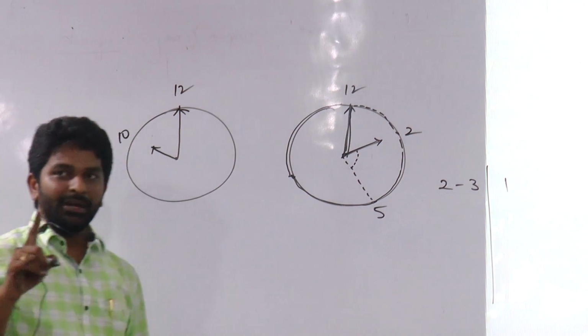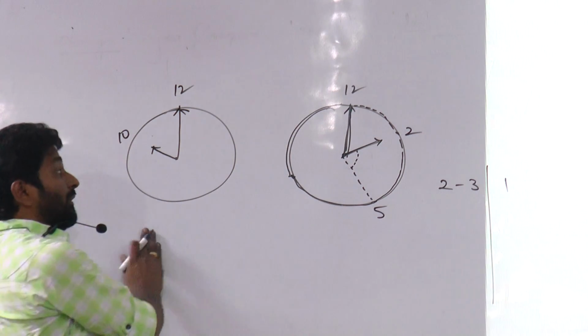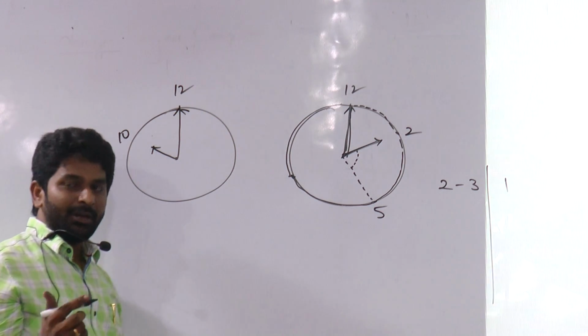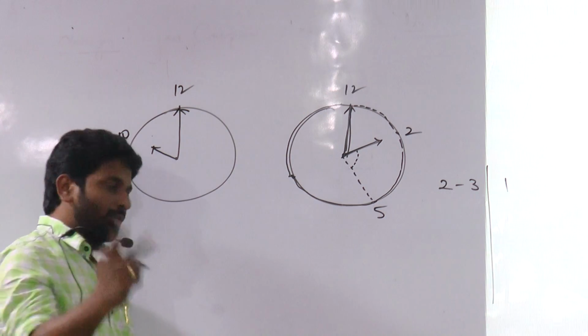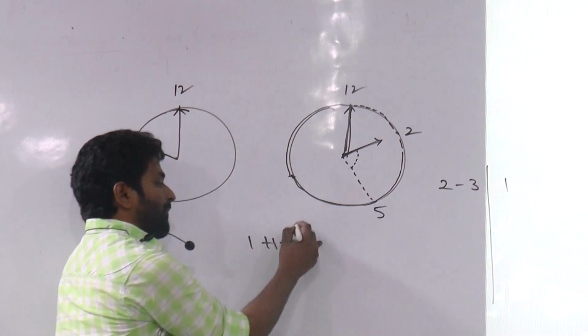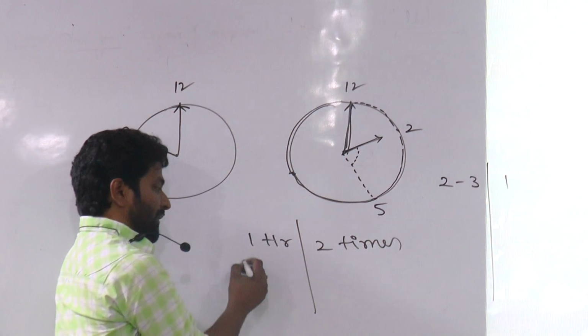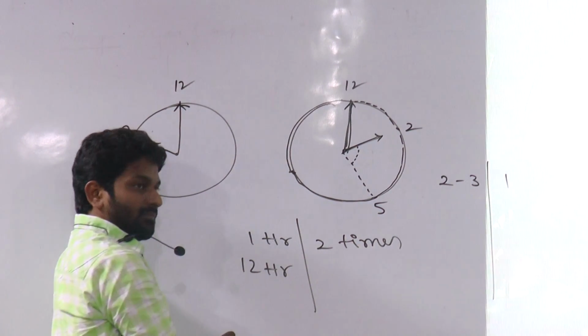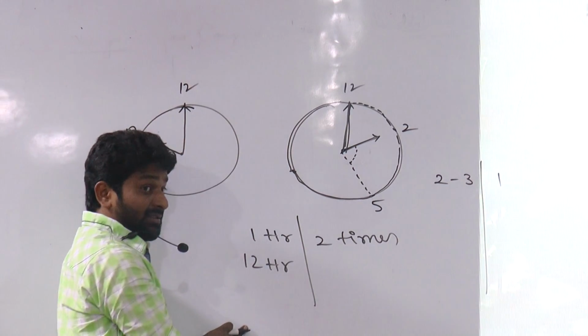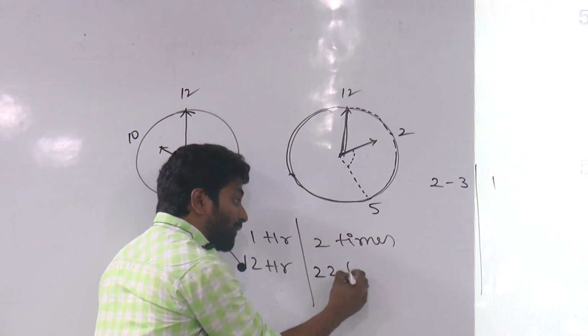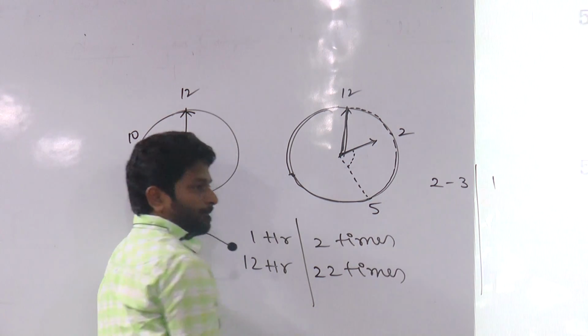In 1 hour, how many times can you form 90 degrees? In general, 2 times. So in 12 hours, how many times are you expecting? Only 22 times it will form.